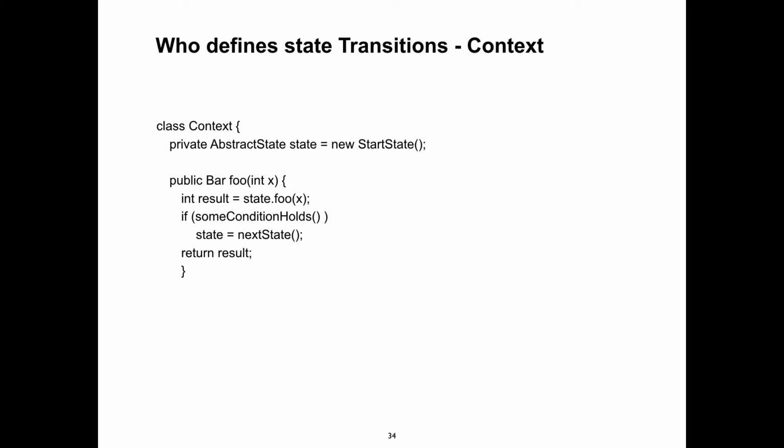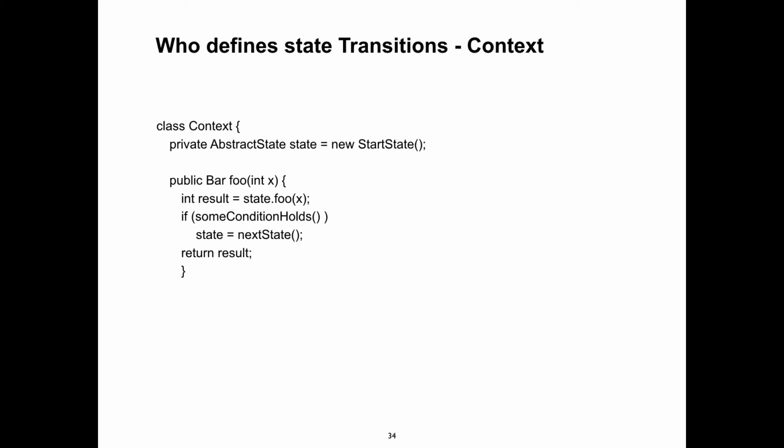In this example, if we're not logged in and we have a login state that validates whether you're a user or not, does the state itself tell the context, here's your new state, by returning the state?